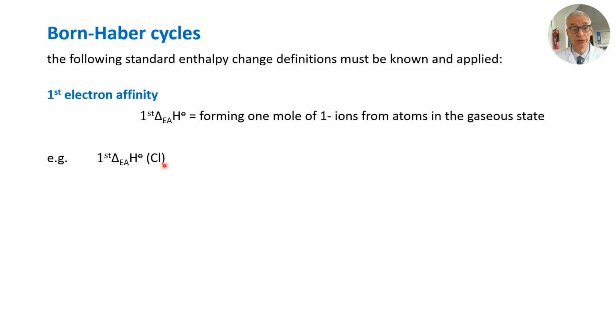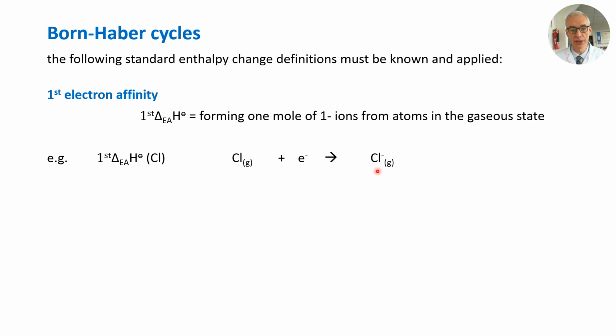Okay, so to reveal, we're forming 1 mole of chloride ions in the gaseous state. So we start with chlorine atoms, 1 mole, gaining 1 mole of electrons to form 1 mole of gaseous chlorine 1 minus ions.